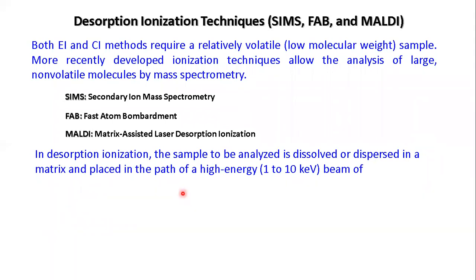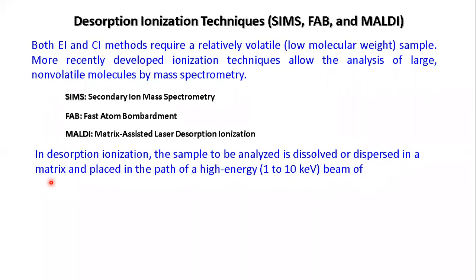Now, in desorption ionization, the sample to be analyzed has to be dissolved or dispersed in a matrix. Matrix means a certain type of molecule that we call the matrix. You dissolve your sample of interest in a certain solvent and mix it with the matrix.